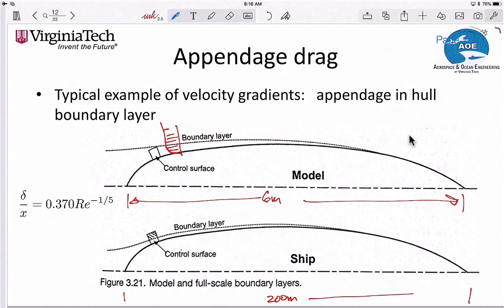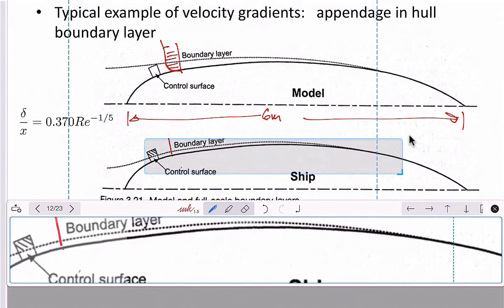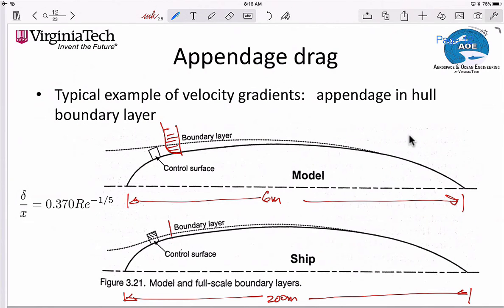Let's assume it's a 600-foot long ship, roughly 600 or 200 meters. Now, relatively speaking, the boundary layer is very thin. So this part of the rudder is out in the free stream. Okay, these are very different situations. You have to take that into account. So you have to know what the velocity gradients, if there are any, across your appendages.